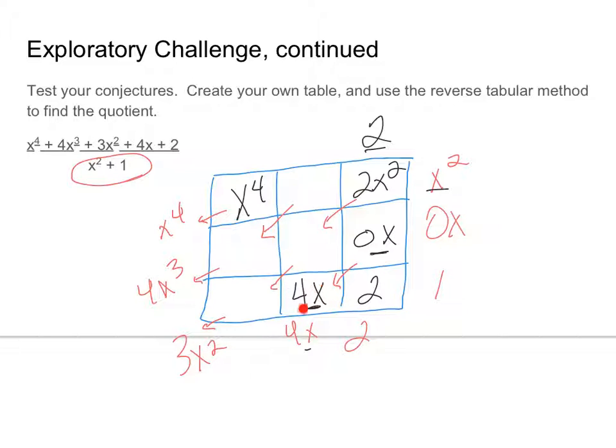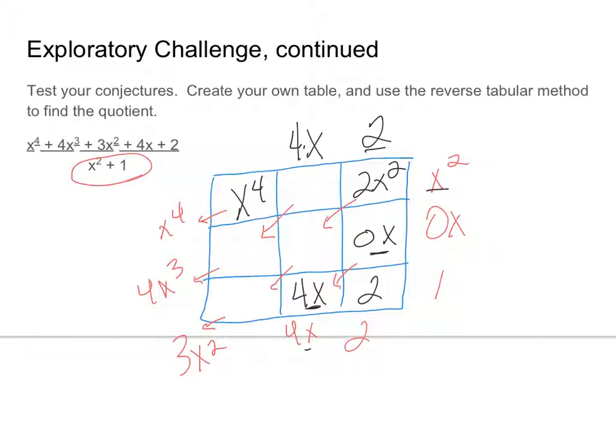This one right here times 1 is 4x. So up here we're going to have a 4x. You can double check your work. 4x times 1 is 4x. So these two add together to give me 4x. All done.